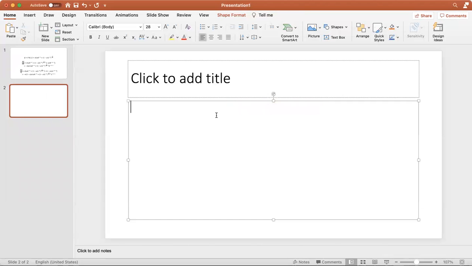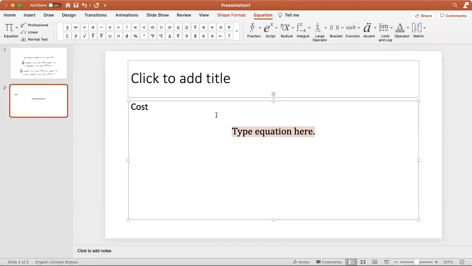The cost of producing Q1 and Q2 is given by C equals AQ1 plus BQ2 plus CQ1 squared. Right, so that's your cost function.